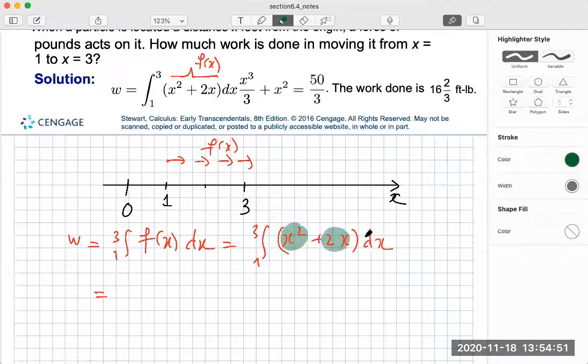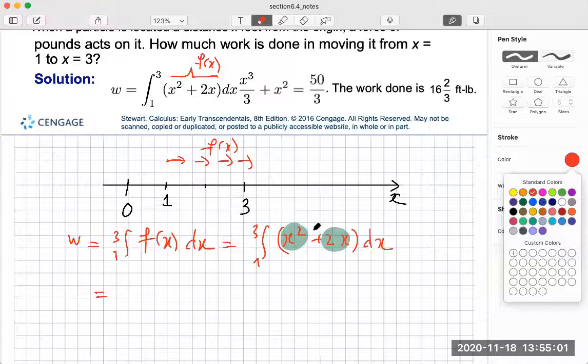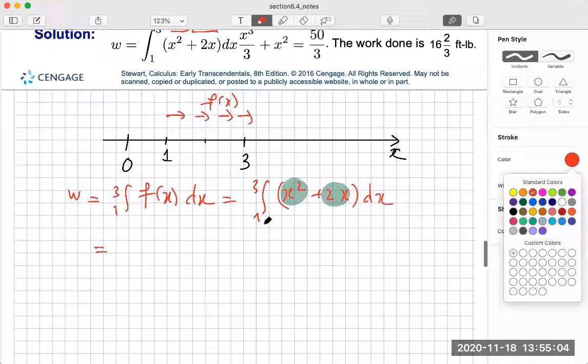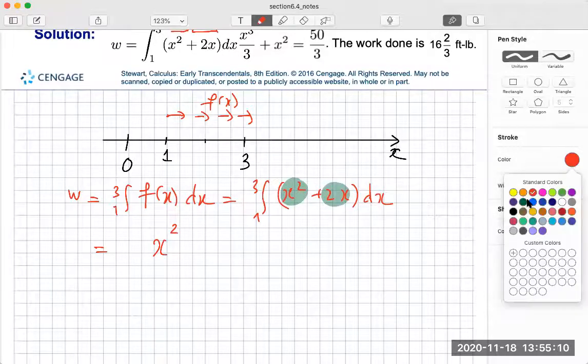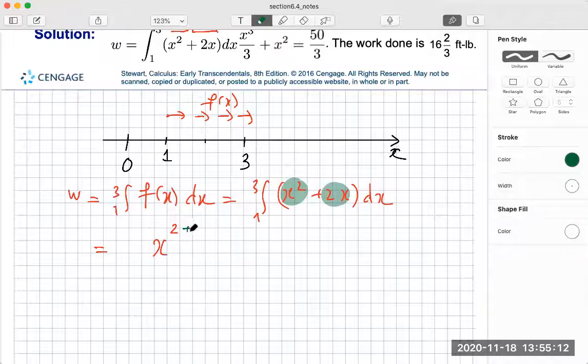We need to find the antiderivative of these two terms, right? In order to do the antiderivative, this is x squared, then the antiderivative will be x to this power, and we need to add 1, right?